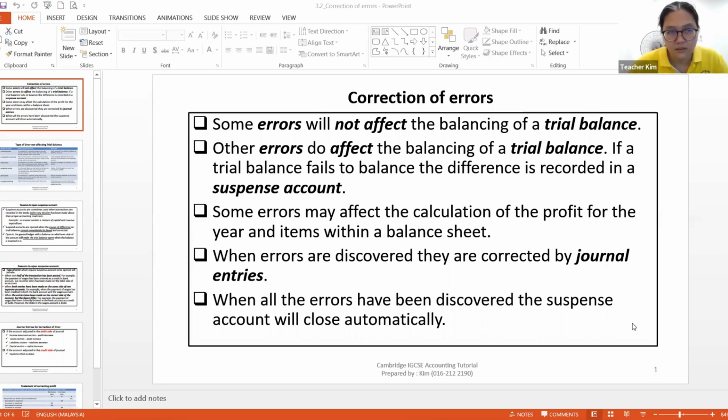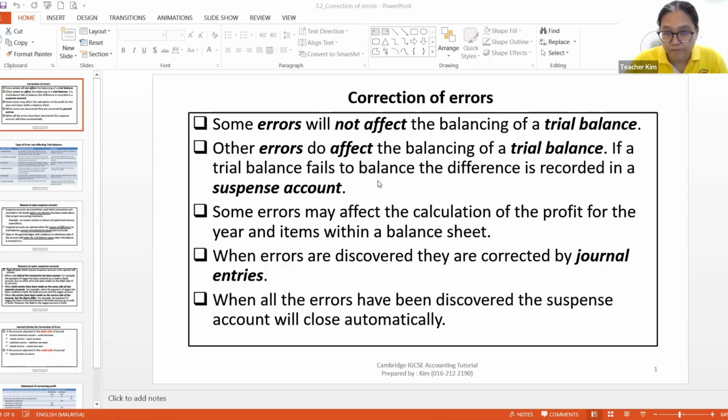But in accounting, some errors, if not detected, are called errors that do not affect the balance of the trial balance. There are 6 errors that you need to take note of, the terms that you need to memorize.